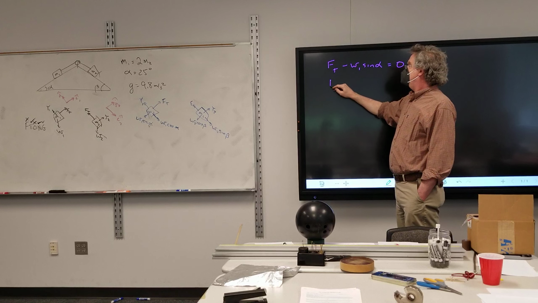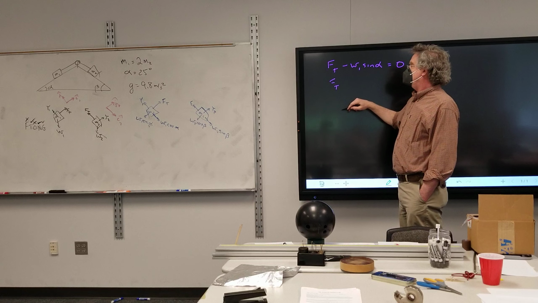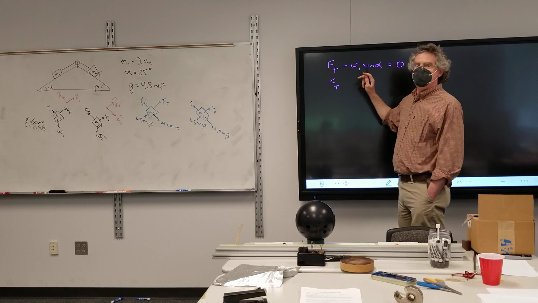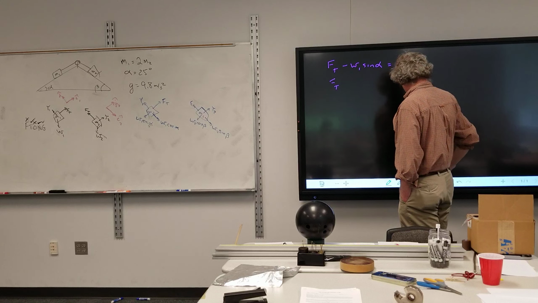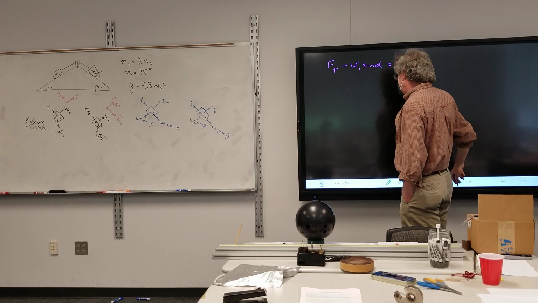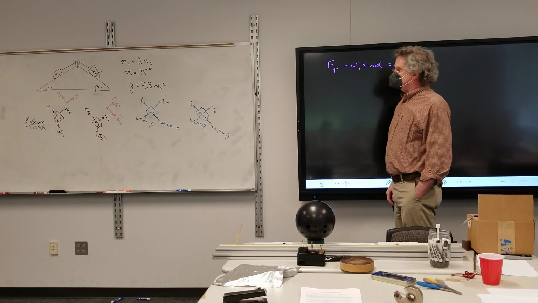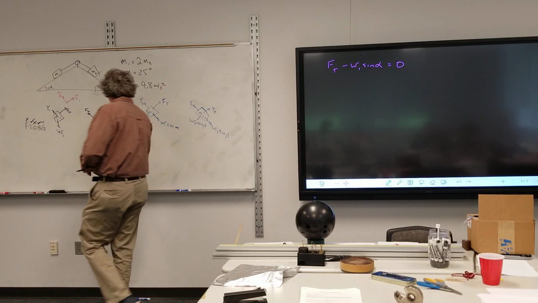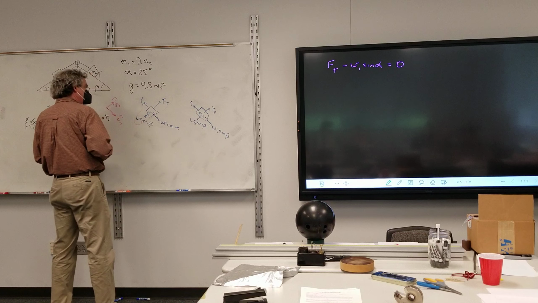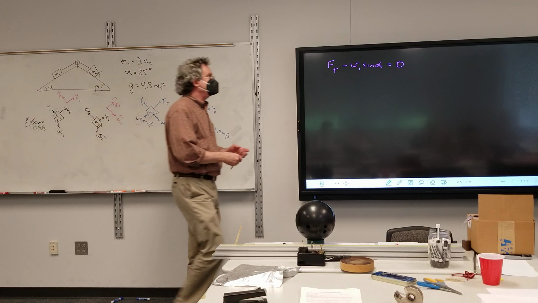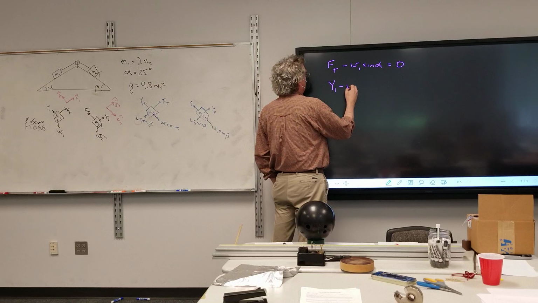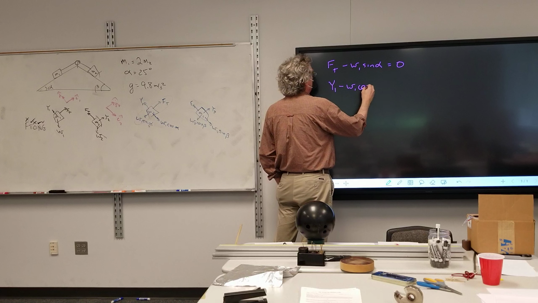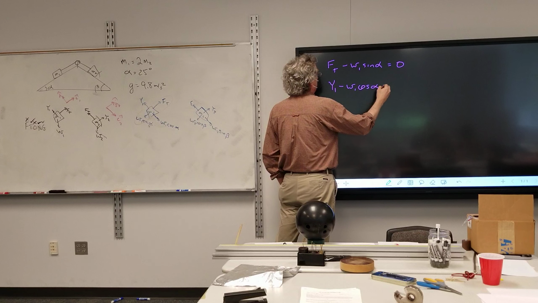FT minus W1 sine alpha. Cosine, sorry. All right, let's start again. All right, so we did that one. Oh, so it'd be N1 minus W1 cosine alpha equals mass times 0.